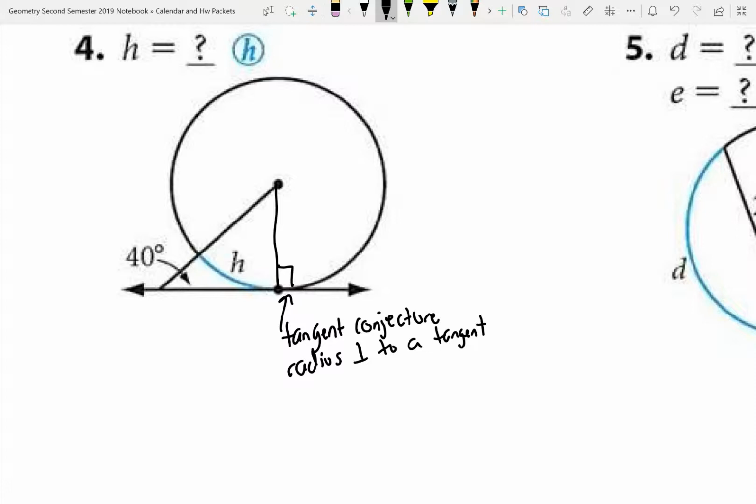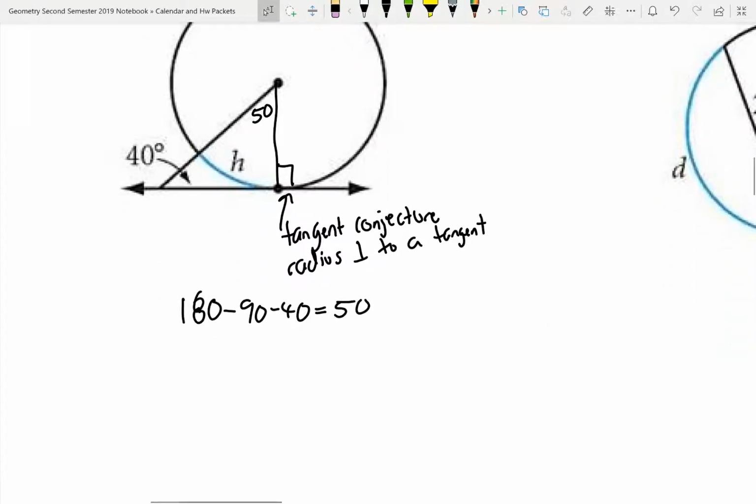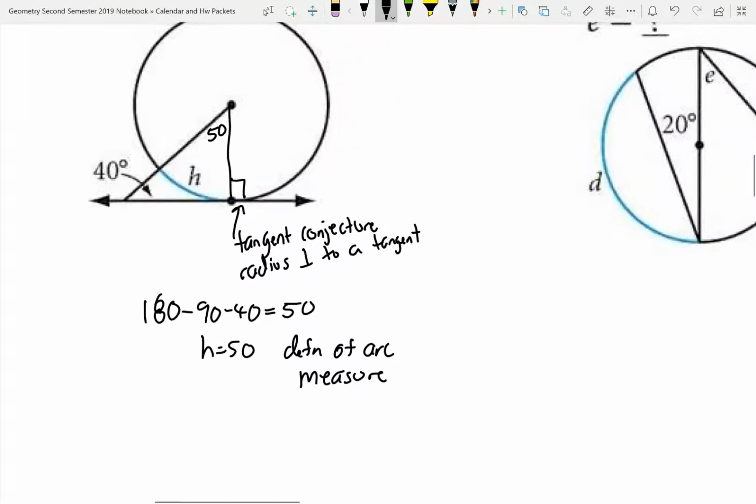And that means that this would be 50, which means H would also be 50 because of the definition of arc measure, right? So you have 180 minus 90 minus 40 equals 50. And then H equals 50 because of the definition of arc measure, which says that the measure of the arc equals the measure of its central angle that intercepts that arc.